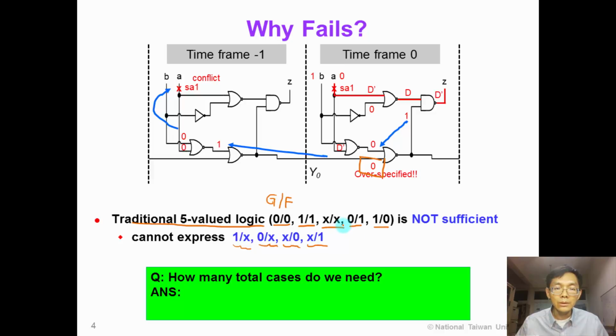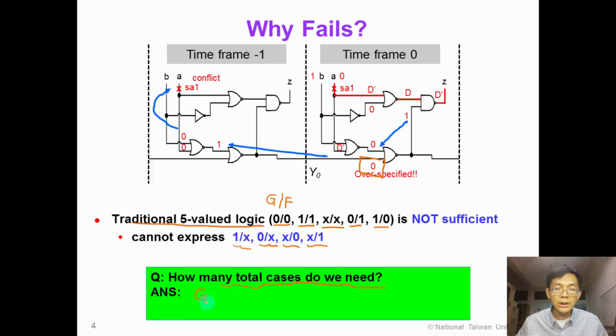So now, here is another quiz for you. For a sequential circuit, how many different logic states do we need to express? Please think about it and pause the video. Have you come up with an answer?